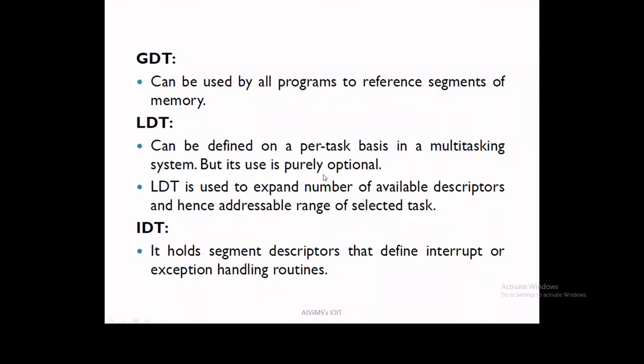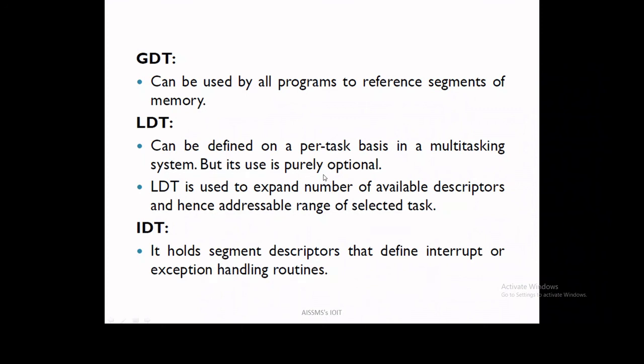Suppose there are 1 lakh tasks currently in my memory, but the active tasks are only 10. Those active tasks' segment descriptors are saved in the LDT table, not in the global descriptor table.